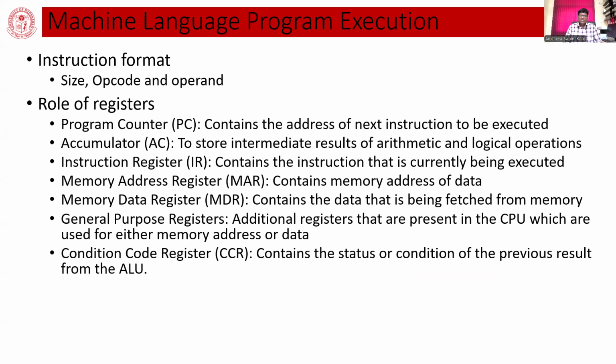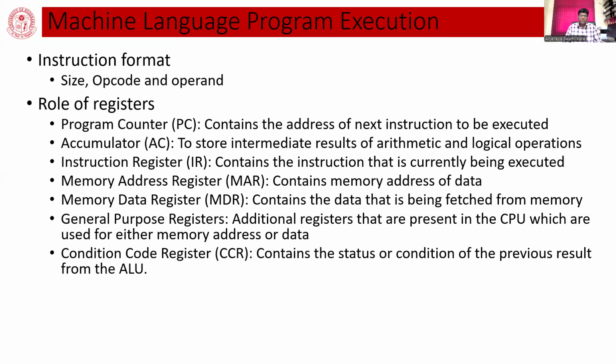Within the instruction there is a format. What is that format? What is the size of the operation code, and what is the size of the operand? For example, if the instruction size is 32 bits, the operation code can take 6 bits and the operand can take 26 bits. That is one kind of partitioning.